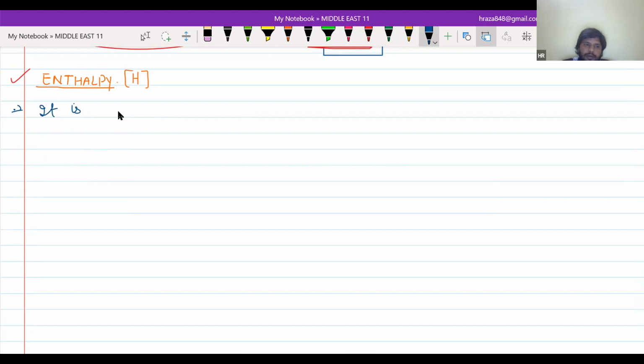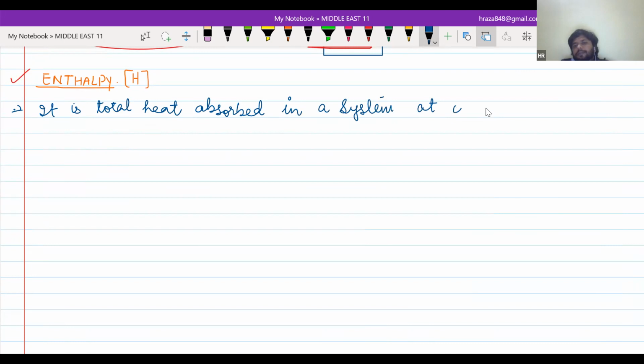It is the total heat absorbed in a system at constant pressure.